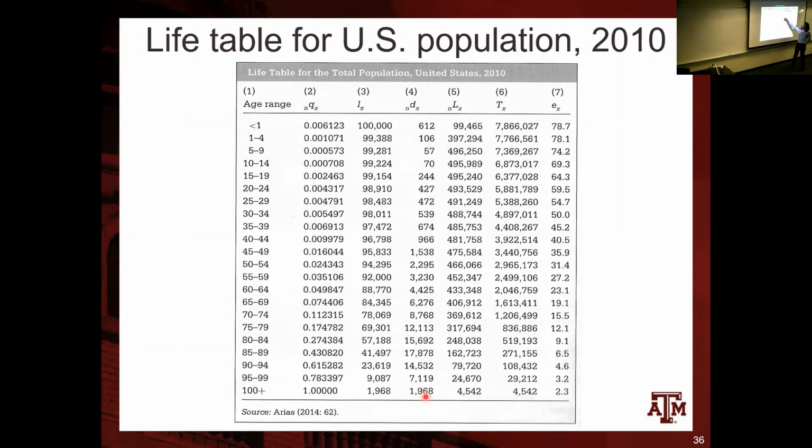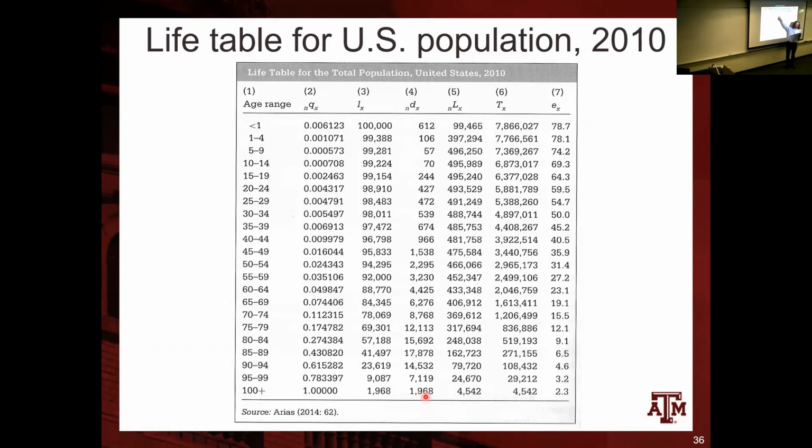Look, the big LXN column. That's the column that we use for the net reproduction rate in the fertility chapter. What's the meaning of this column here? This 100,000 people here, not everybody reached age 1.